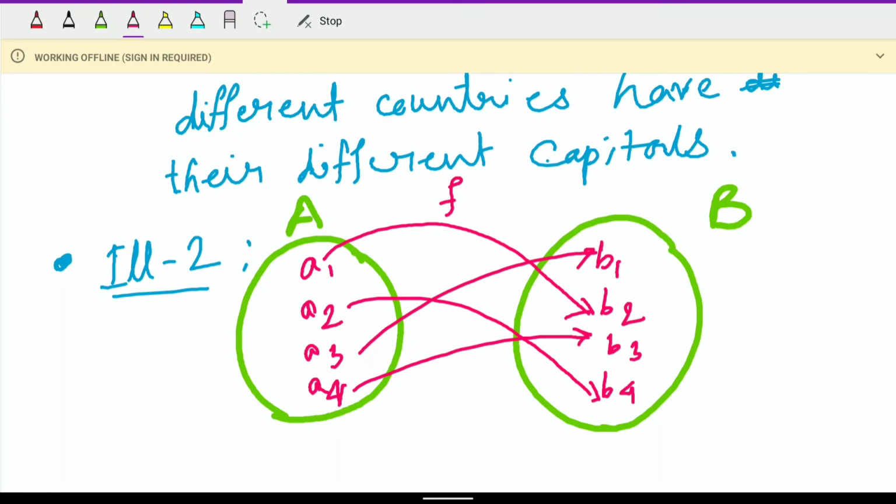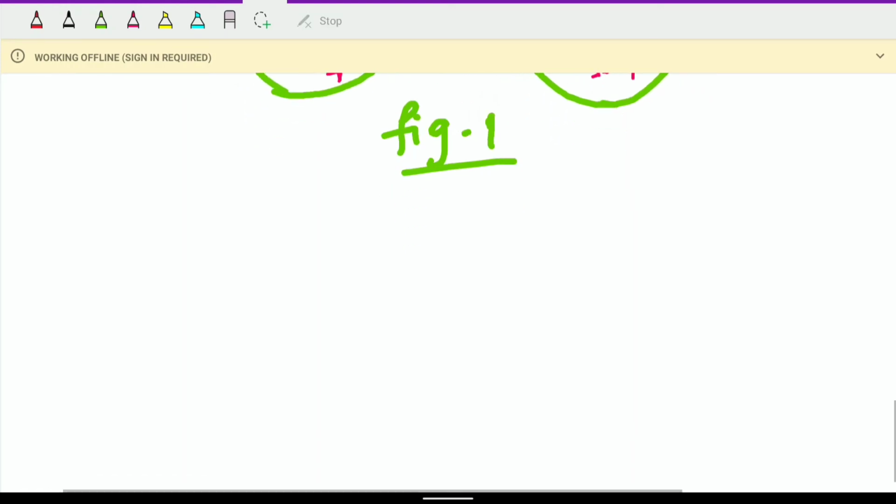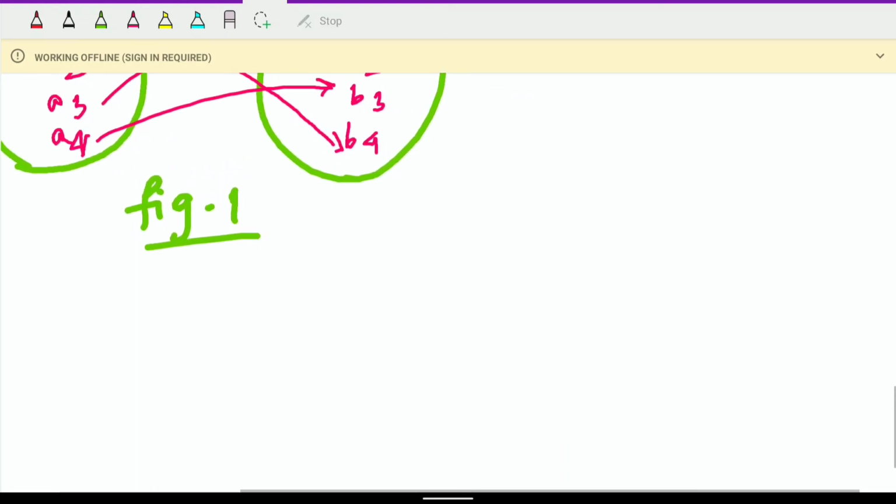Okay, let me draw another figure. So it's figure number 1, suppose, and let me draw another picture here.